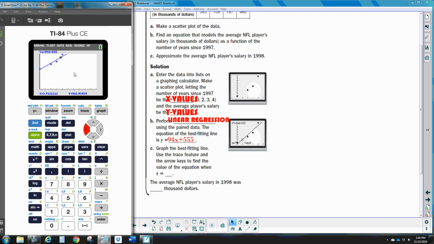There we go. Okay, I'm tracing along my line. And so now along this line, you see how my x values and my y values are changing? So here it says x equals 1.89. When x is 1.89, my y is 733. Okay, so I can scroll along this and find any y value I want when x is any x value I want.